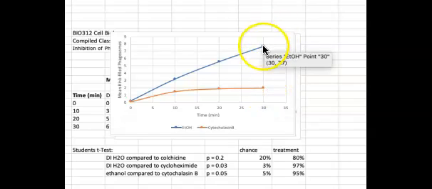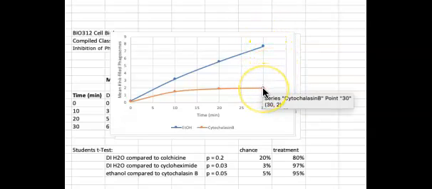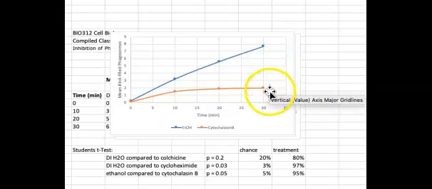It looks like the treatment group has many fewer phagosomes. That's what this data sure looks like. It looks like the cytochalasin B had an effect. It inhibited phagocytosis, at least to a large degree.